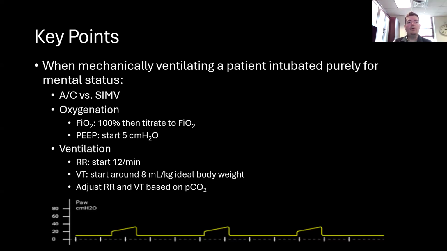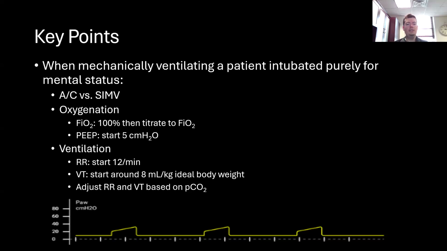So a couple of key points here. Remember, we're talking about ventilating the patient intubated purely for mental status without underlying respiratory pathology. So the two modes that I would recommend keeping in mind are going to be assist control and SIMV. And then remember, your parameters can be split into oxygenation and ventilation.